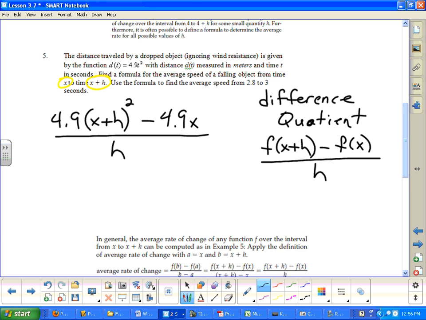Now you've got to simplify it. So this is 4.9 times x squared plus 2xh plus h squared. We've done that a lot, that perfect square trinomial.